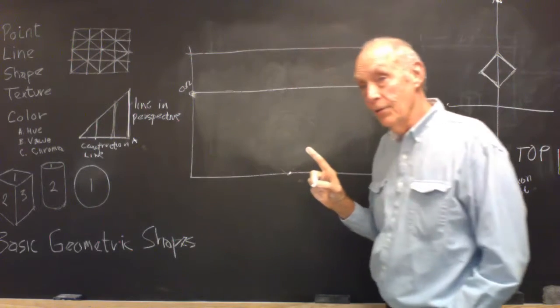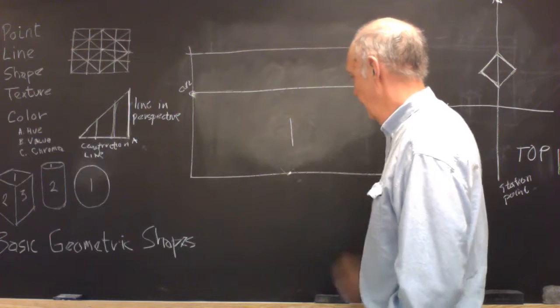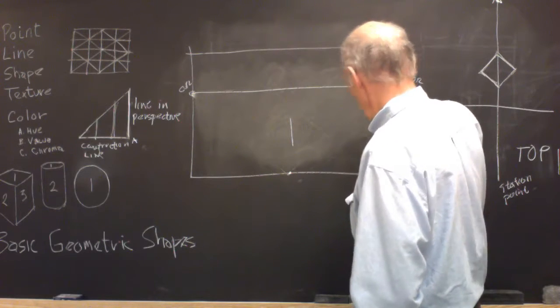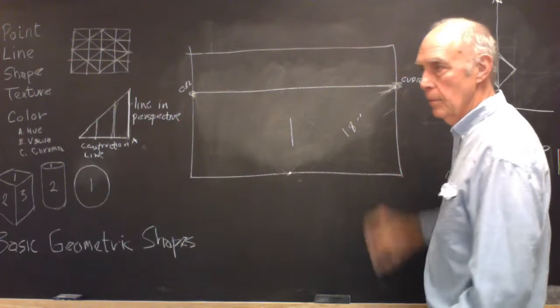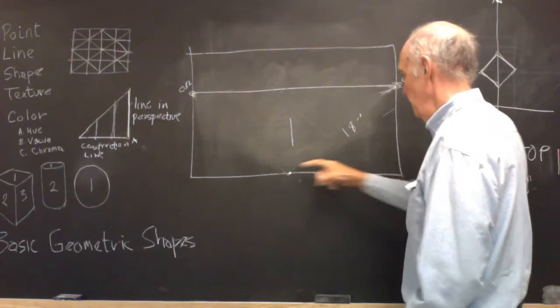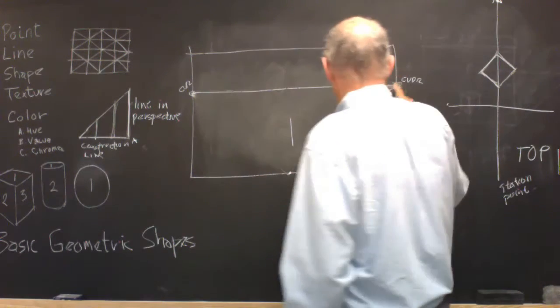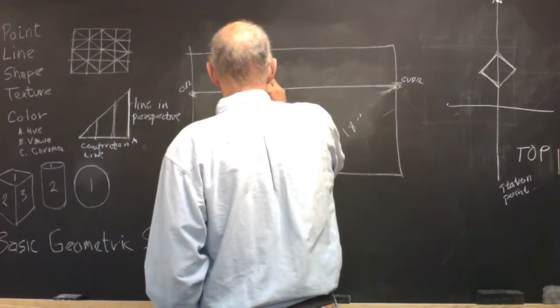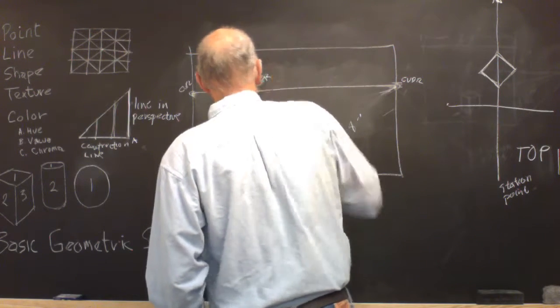I'm going to do it again. Now vertical. Measure from here to here. This turns out to be about 18 inches. If this is 12 inches and this is 12 inches, this will be 18 inches. So if I measure over here 18 inches, I get a construction vanishing point right.